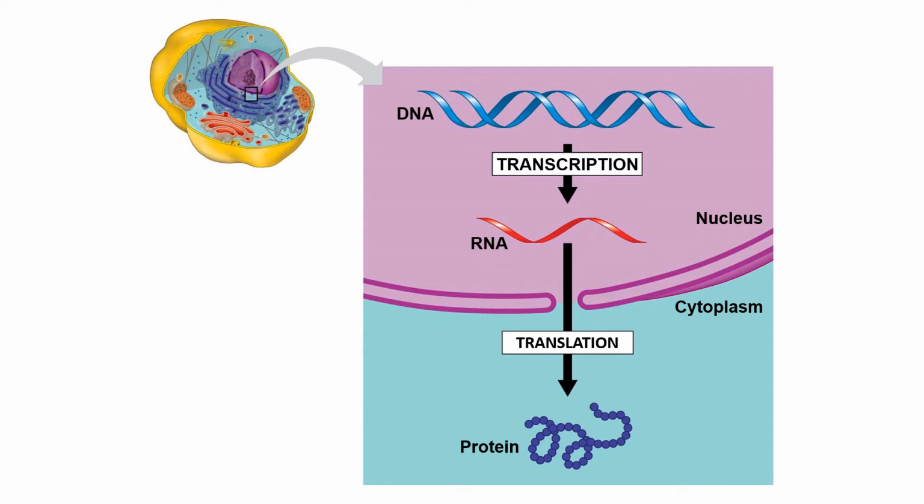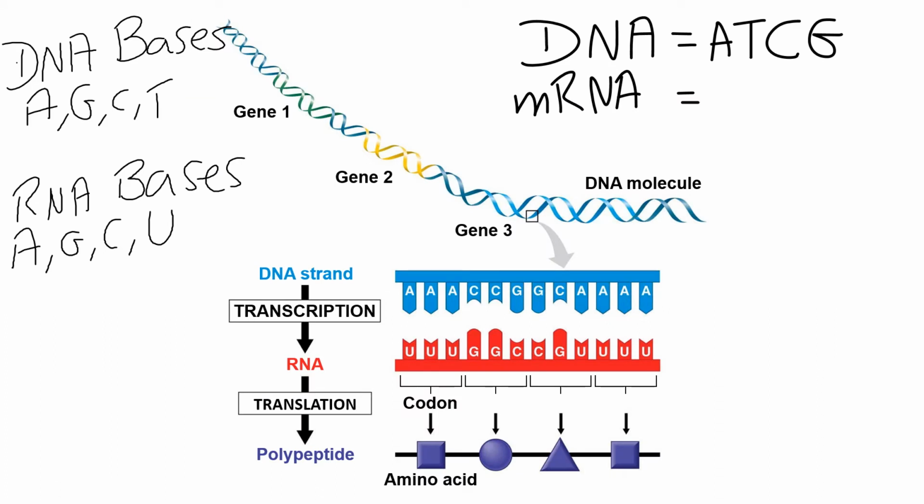In our body, we have so many different proteins, and so whenever you want to make a protein, you have to go through the process of transcription and translation. Transcription is where we're going to build a messenger RNA strand from our DNA strand.